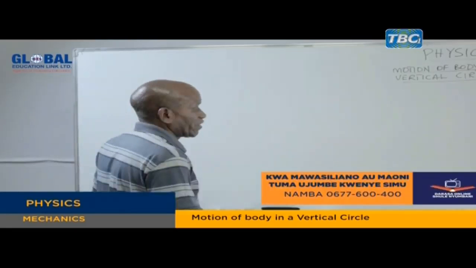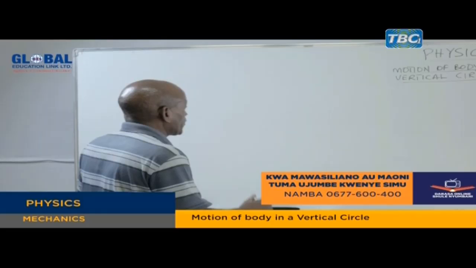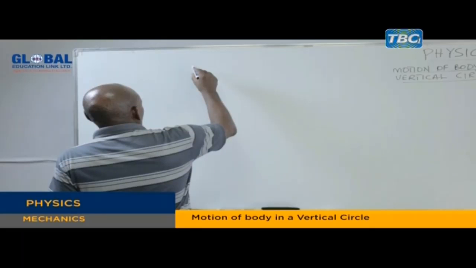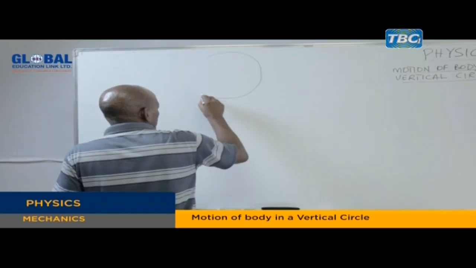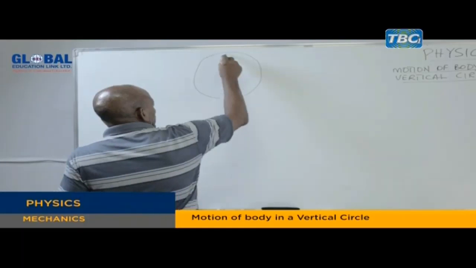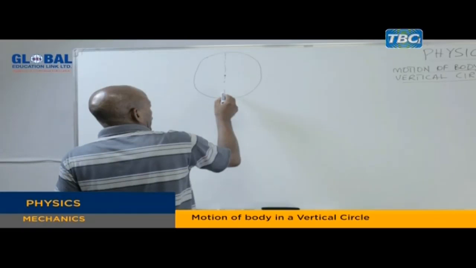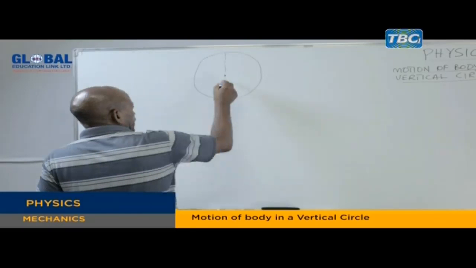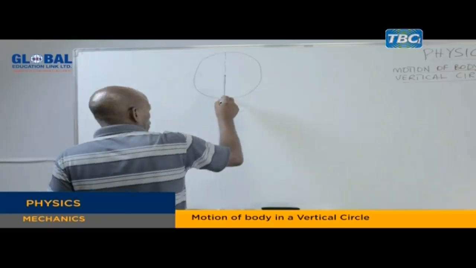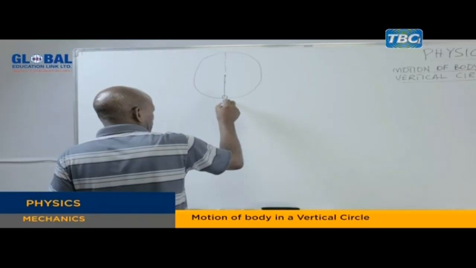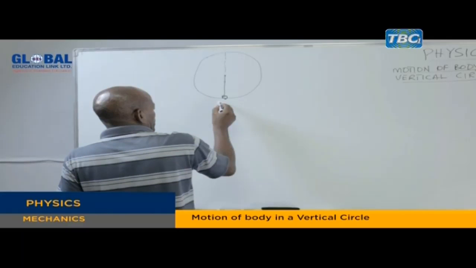Let us have a simple sketch of such a bucket moved in such a vertical circle. So we are having a string holding such a bucket passing at the lowest point.